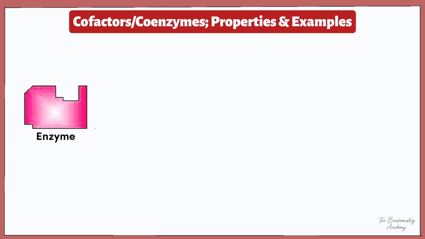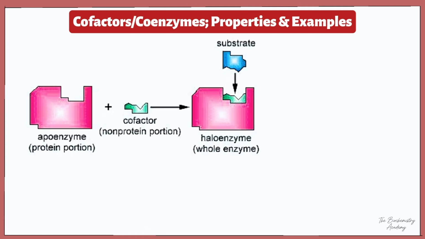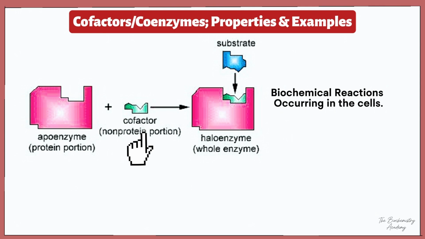Some enzymes do need non-protein components to carry out biochemical reactions occurring in the cell. These non-protein components are called cofactors. So an enzyme with its cofactor is called a holoenzyme.